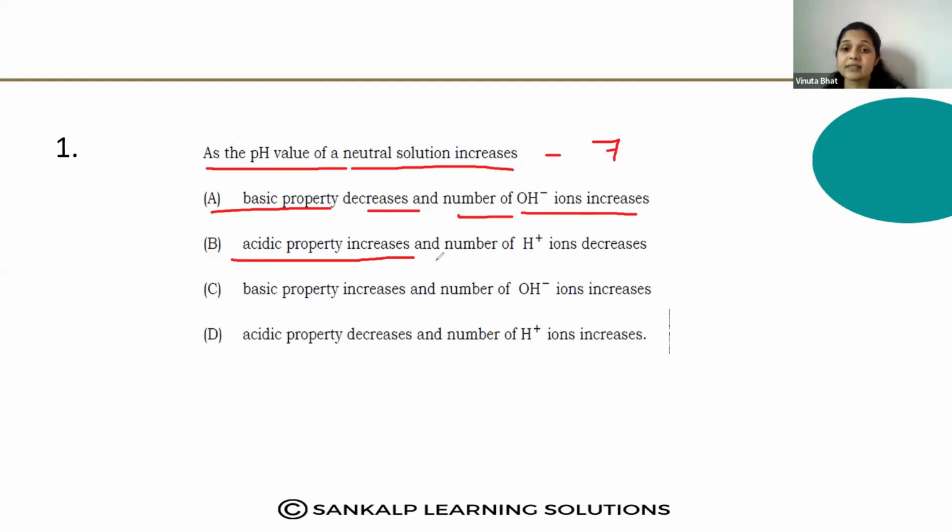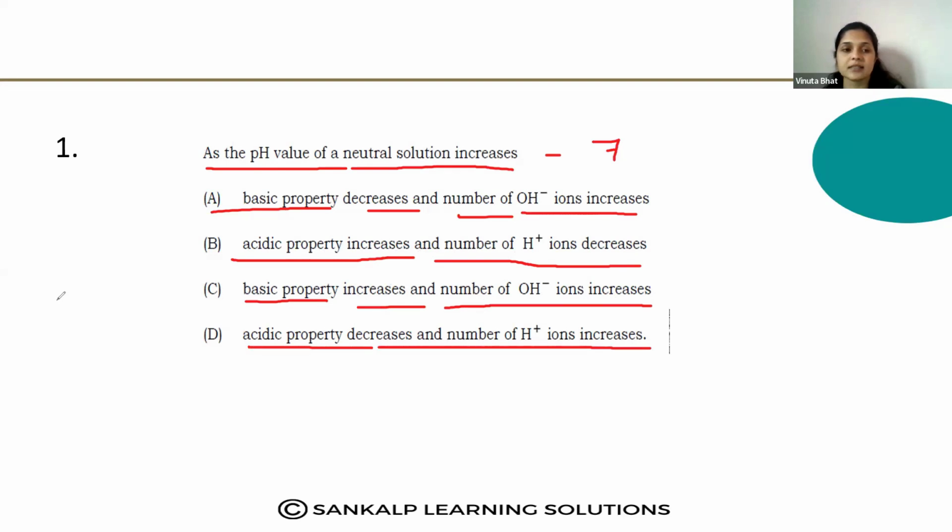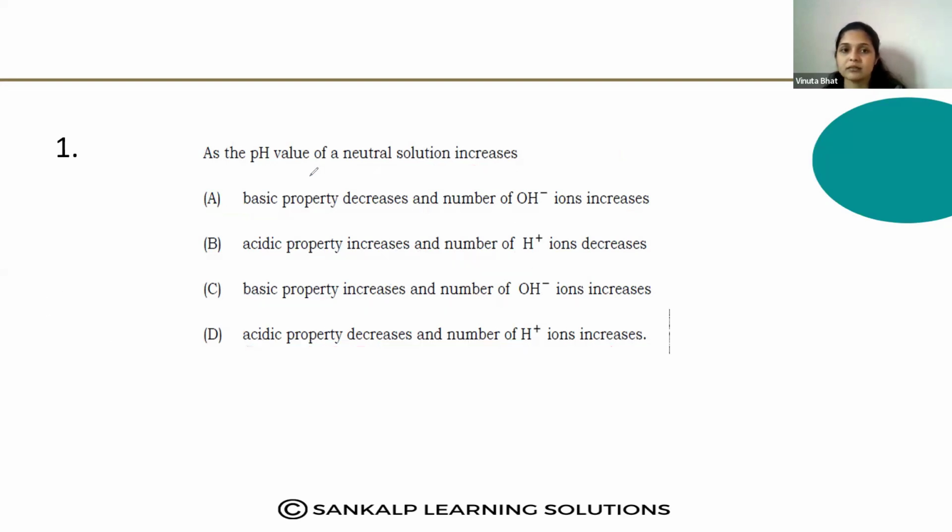Option B, acidic property increases and number of H plus ions decreases. Option C, basic property increases and number of OH minus ions increases. Option D, acidic property decreases and number of H plus ions increases. So here which option is the correct one?